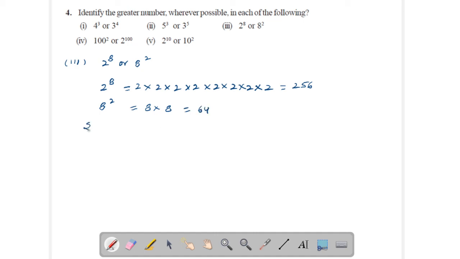Here what we observe, since 256 is greater than 64, therefore 2 raised power 8 is greater than 8 raised power 2.